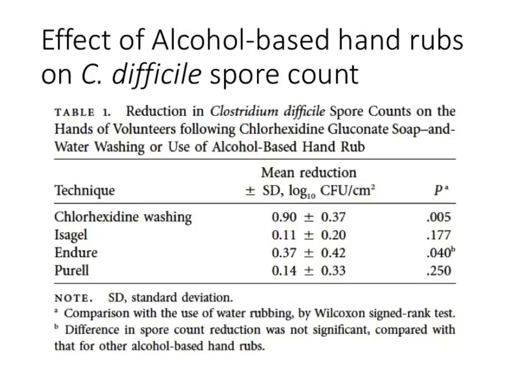In other words, we saw a 0.9 log reduction, almost a 10-fold decrease, when washing with soap and water. But when using Isogel, we saw a 0.1 log decrease, which really is like going from 100 cells to only like 90 afterwards.